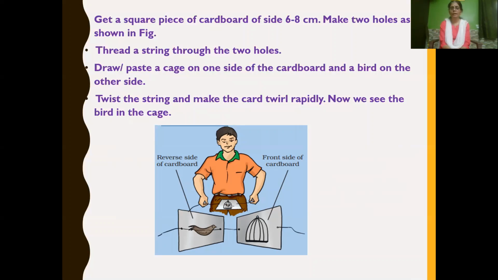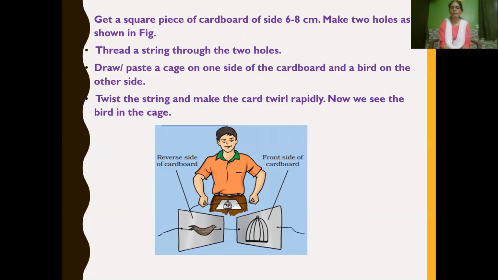Now through the two holes, we pass a string, isn't it? Now we twist the string, and after twisting, if you leave it freely, what happens? The card rapidly twirls. And we can see as if the bird is in the cage.